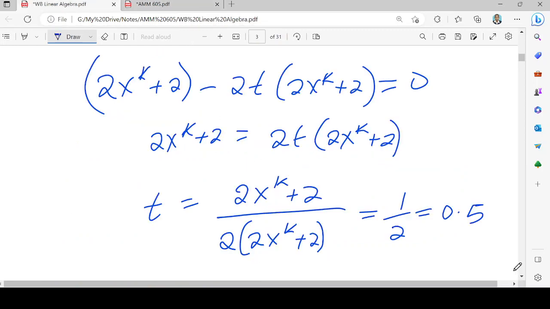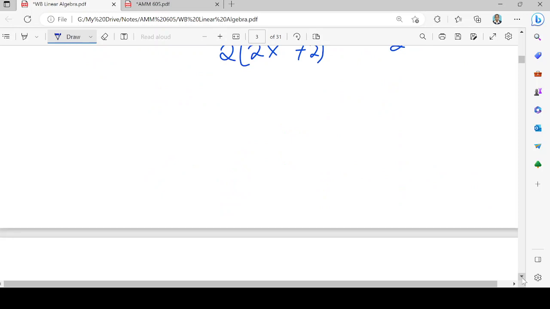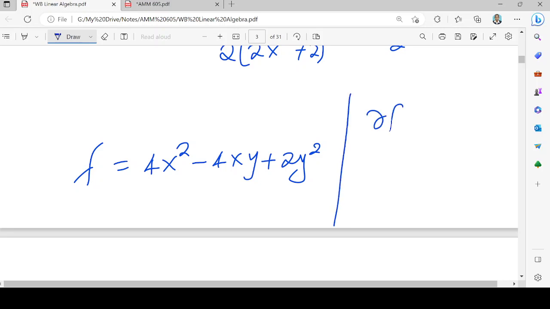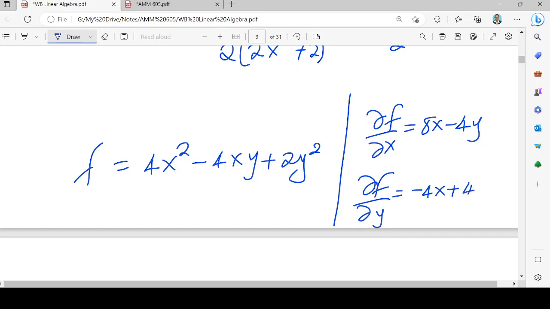Our function f is 4x squared minus 4xy plus 2y squared. When we differentiate f with respect to x, we get 8x minus 4y. And when we differentiate f partially with respect to y, we get −4x plus 4y.